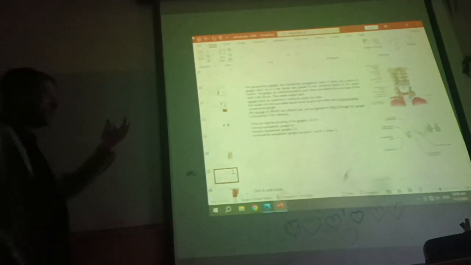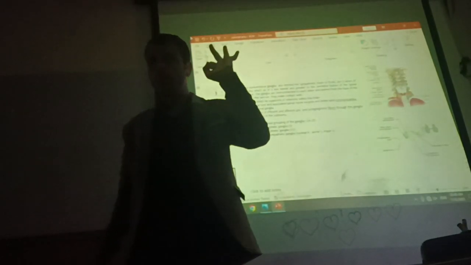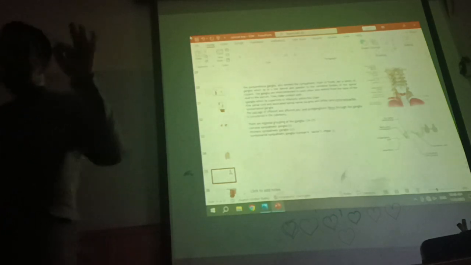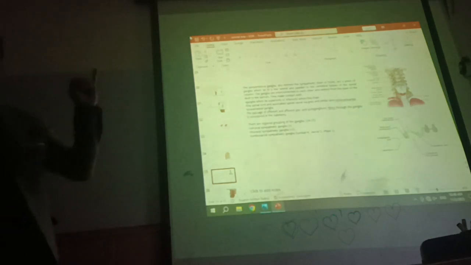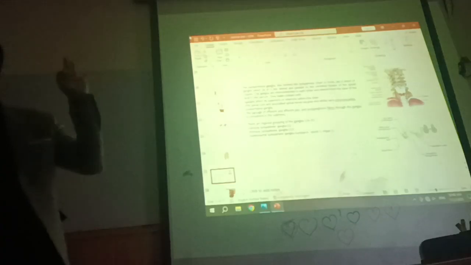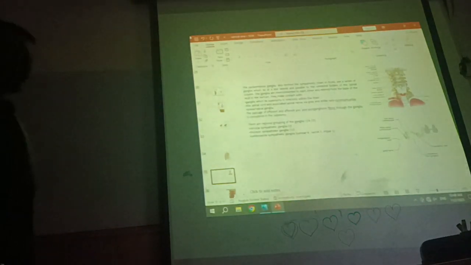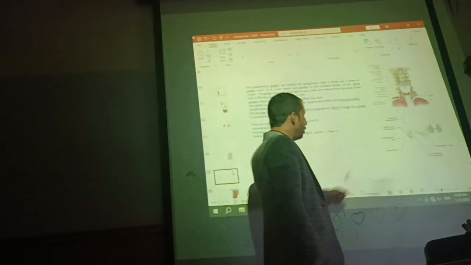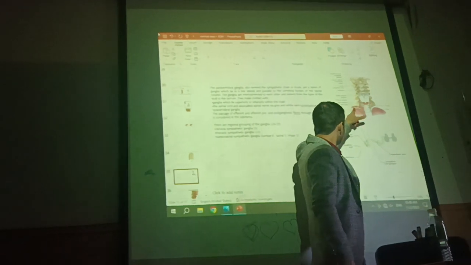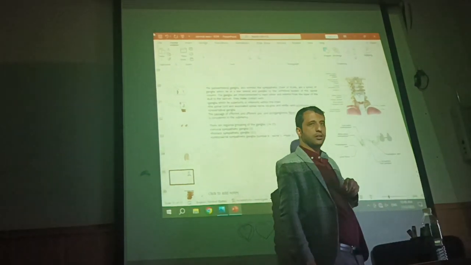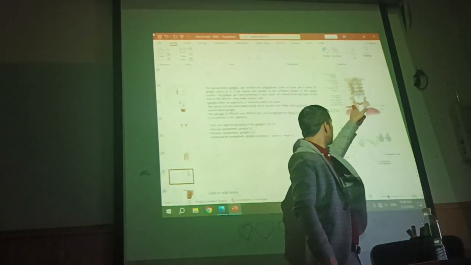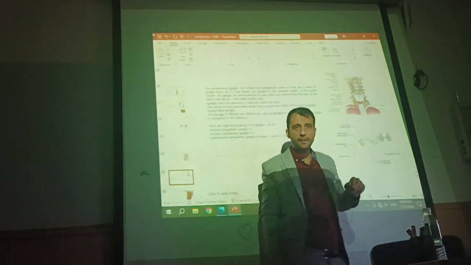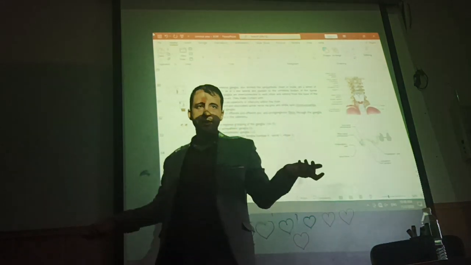Plexus. The third cervical ganglion, all of them have a spinal, vascular, and cardiac branch, and you should also know this branch. Ansa subclavian.